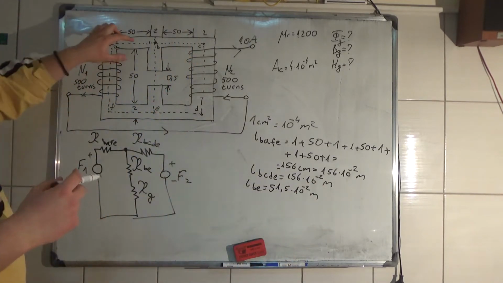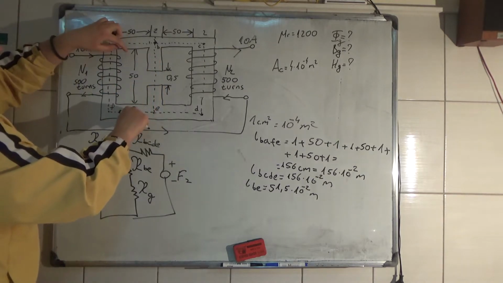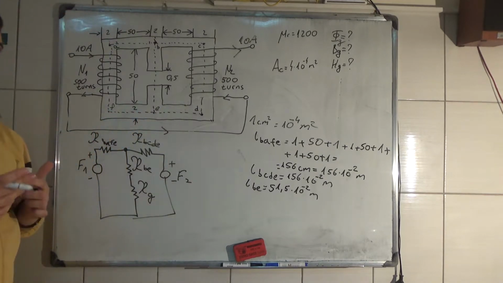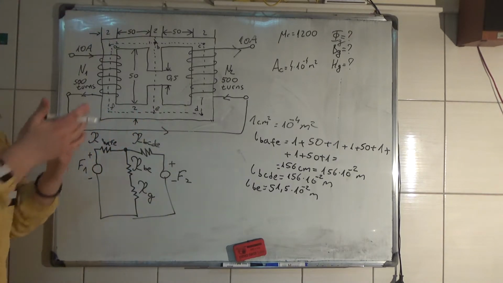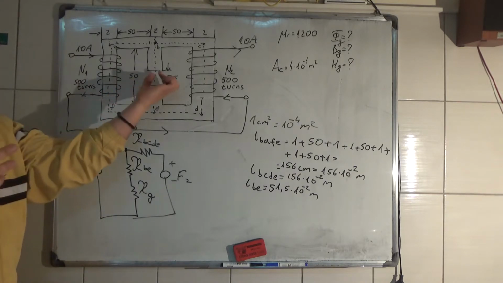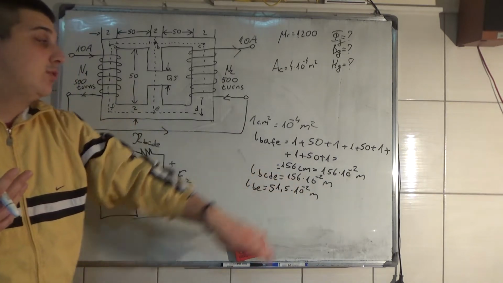Because if you don't look at this air gap, it would be 50 plus 1 and plus 1 here, and it would be 52 centimeters. But minus this air gap, we get 51.5 times 10 to the minus 2 meters.